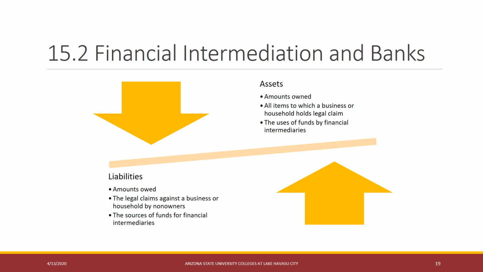Just like liabilities, each and every financial institution or intermediary has some assets, and they have different prime uses of its assets. For example, a credit union usually makes small consumer loans, whereas a savings bank makes mortgage loans.